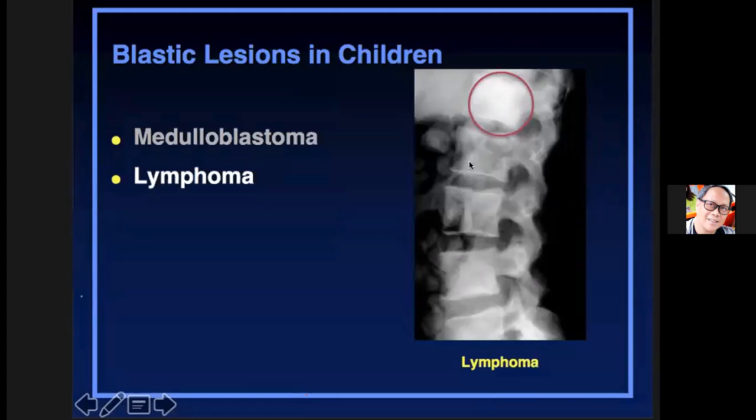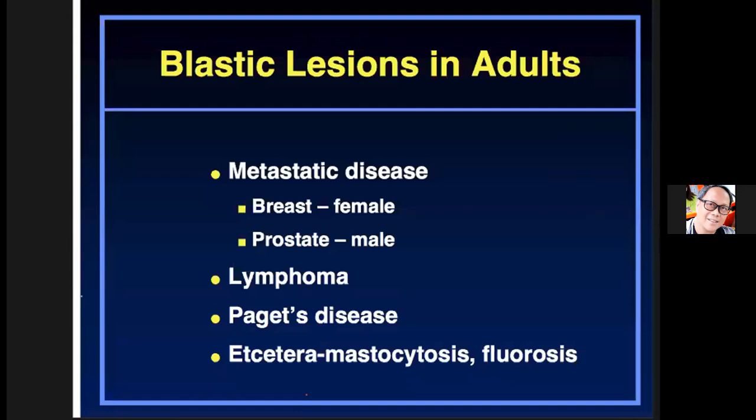Is this most likely a lumbar or thoracic vertebra? Anyone? On a lateral view, your cue would be the absence of ribs. So this is most likely L1. There are no ribs attached to this vertebral body.